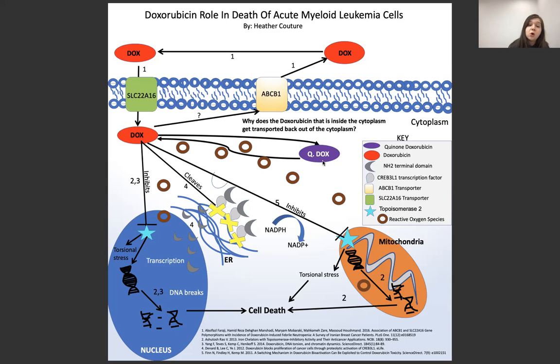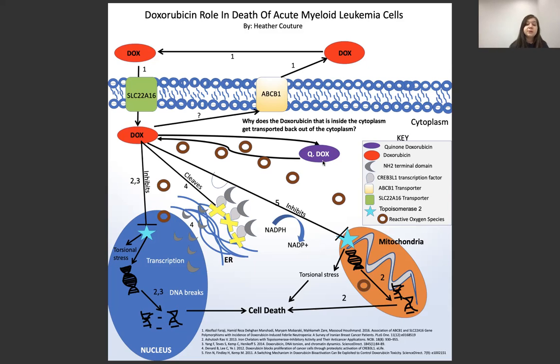Another way it can go is through cleaving the CREB3L1 transcription factors, which are basically proteins that are bound to the ER or found in the ER, and they play a role in transcription of DNA with the nucleus.